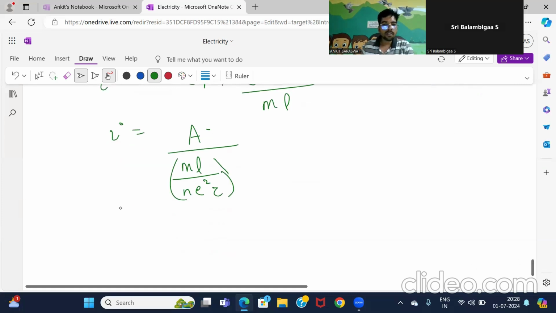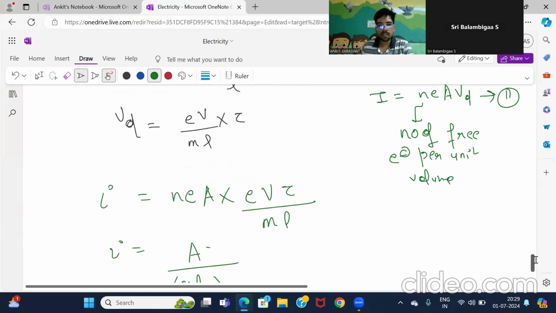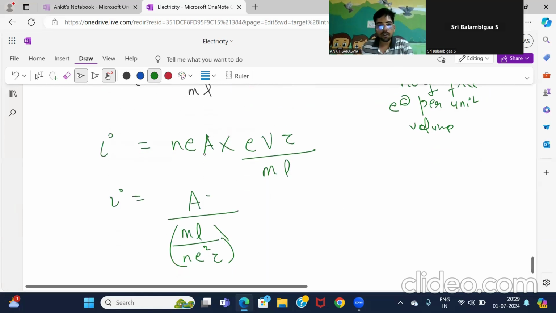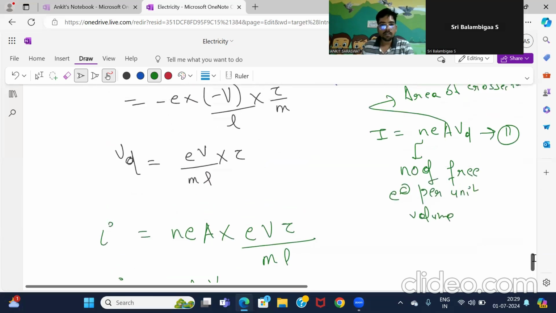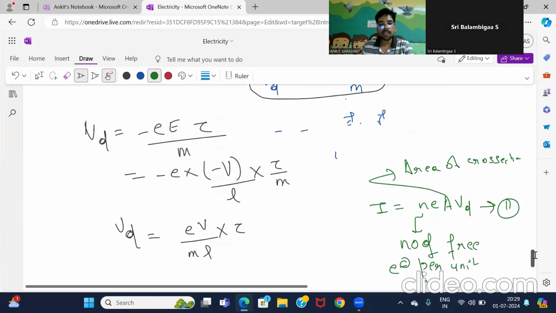A is the area of cross section. I think voltage is remaining now. Wait. I is equal to A V. V is here, I forgot to write. What is that? I just replace I is equal to N e A VD.